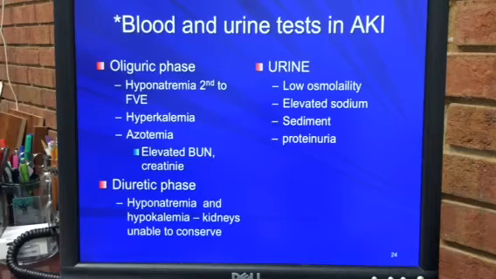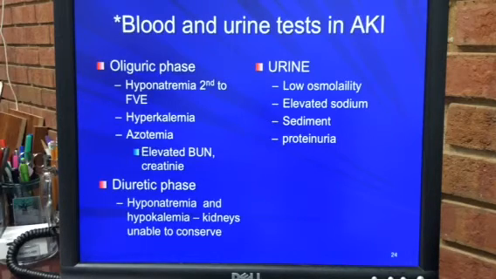All right, blood and urine tests in acute kidney injury. During the oliguric phase when you're not making urine, again, do not mix up the oliguric phase of acute kidney injury with prerenal oliguria. One is cause, the other is phase. We're talking about phases.